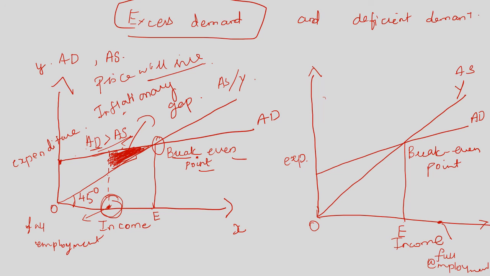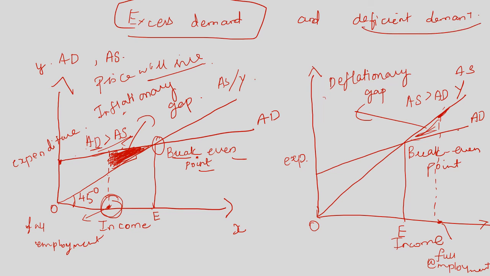Here I am drawing the dotted line. Here the aggregate supply curve is greater, so aggregate supply is greater than aggregate demand. This gap is called the deflationary gap, which is called deficient demand.